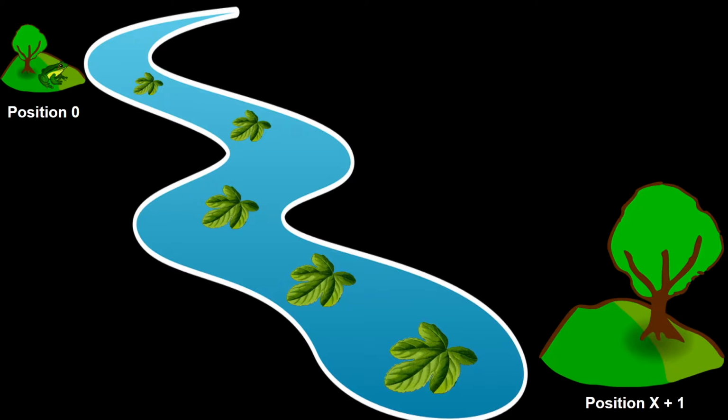So for this question, I'm just going to read out the problem and we'll go through the steps that we'll be following. A small frog wants to get to the other side of a river. The frog is initially located on one bank of the river at position 0 and wants to get to the opposite bank at position X plus 1. Leaves fall from a tree onto the surface of the river.